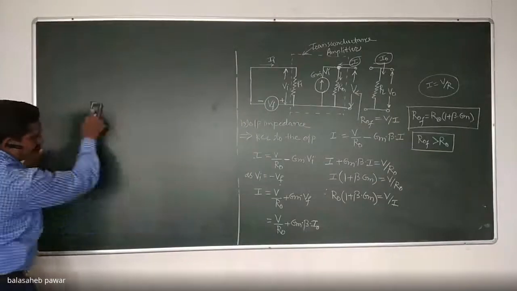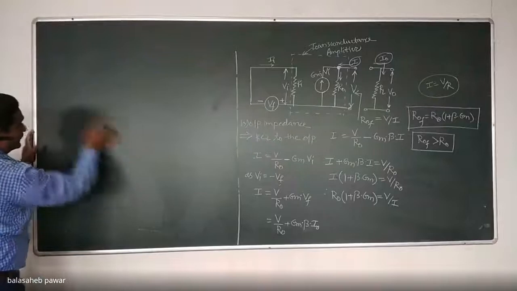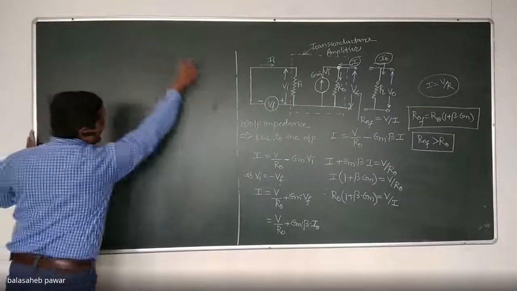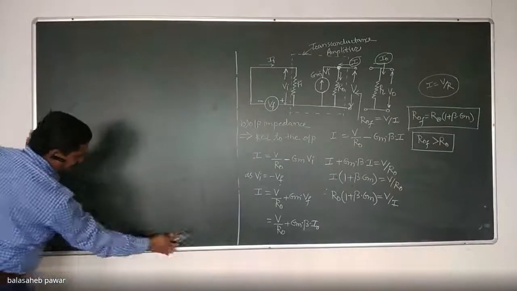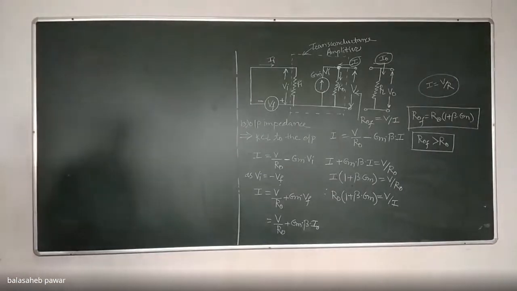So at your end, just note down whatever points I mention. Write down the title: analysis of feedback amplifier.